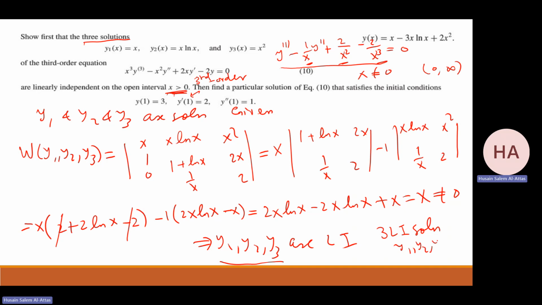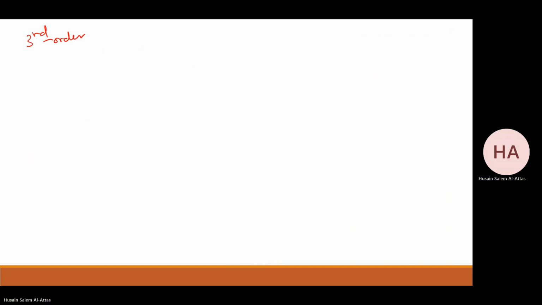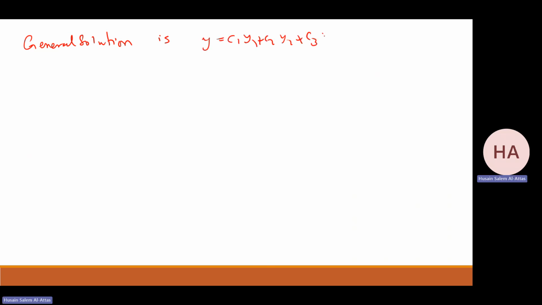Y1, Y2, Y3. Right away, I can write the general solution: y equals C1 Y1 plus C2 Y2 plus C3 Y3, which is C1 x plus C2 x ln x plus C3 x squared.